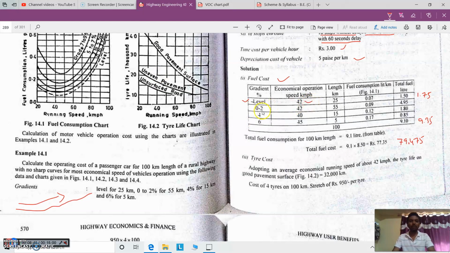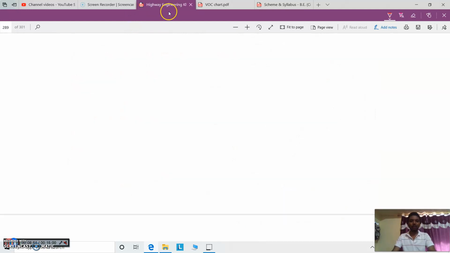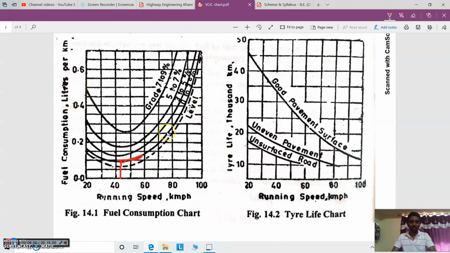And it is noted here. Similarly for 0 to 2% gradient, for this curve it is again the same point, so we consider 42 kmph. For 4% gradient, it is to be referred to the 3 to 5% curve, since 4 lies in between 3 and 5, and the apex point of this curve is at 40 kmph, right?